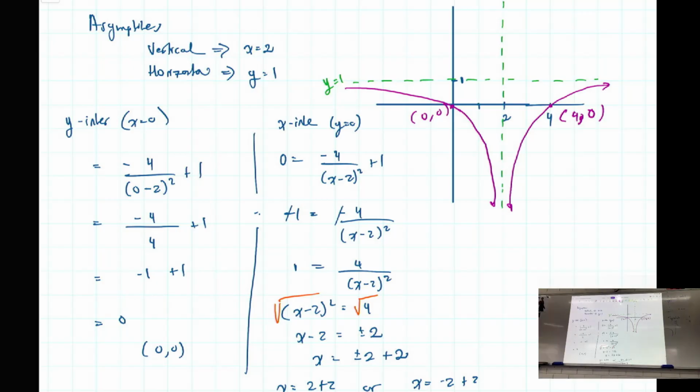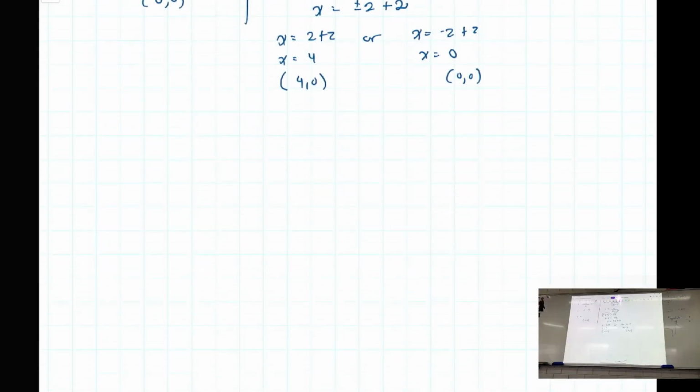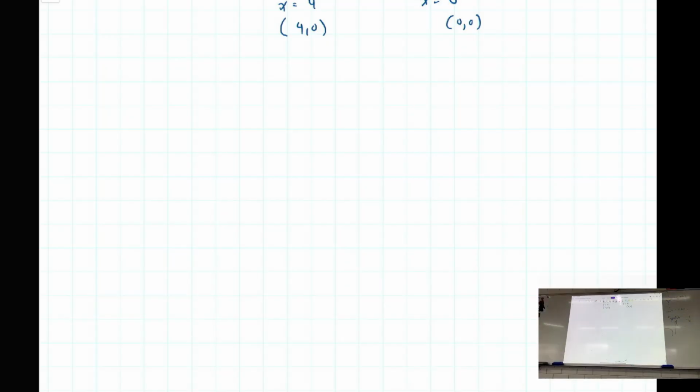Now, to summarize all of this, you need to already have a map in your head of all of the functions. So I'm just going to write down all of the graphs that we have done.